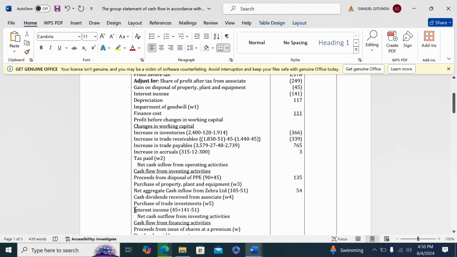So this is cash from interest income. So how much is it? 45 plus 141 minus 51. I'm getting 135.